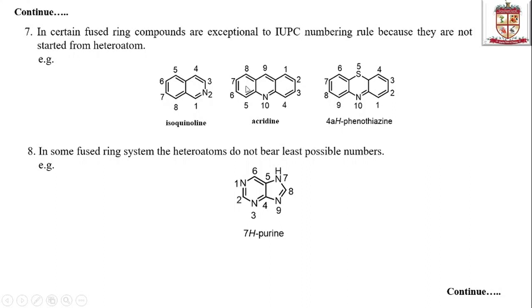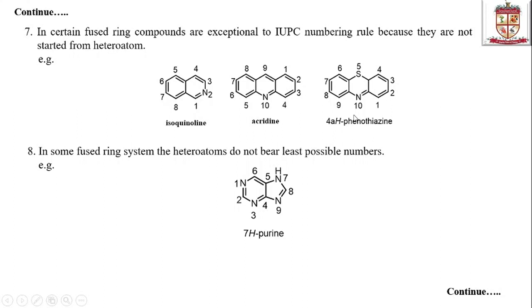Some students can give the numbering this way, or some this way, but the number 10 is fixed at the nitrogen, and number 9 at the front, that means the para carbon, the front carbon.